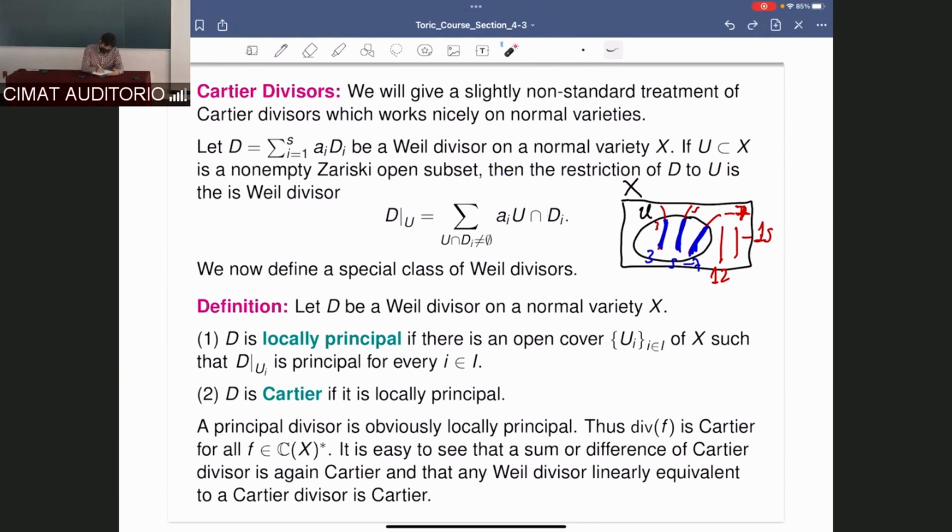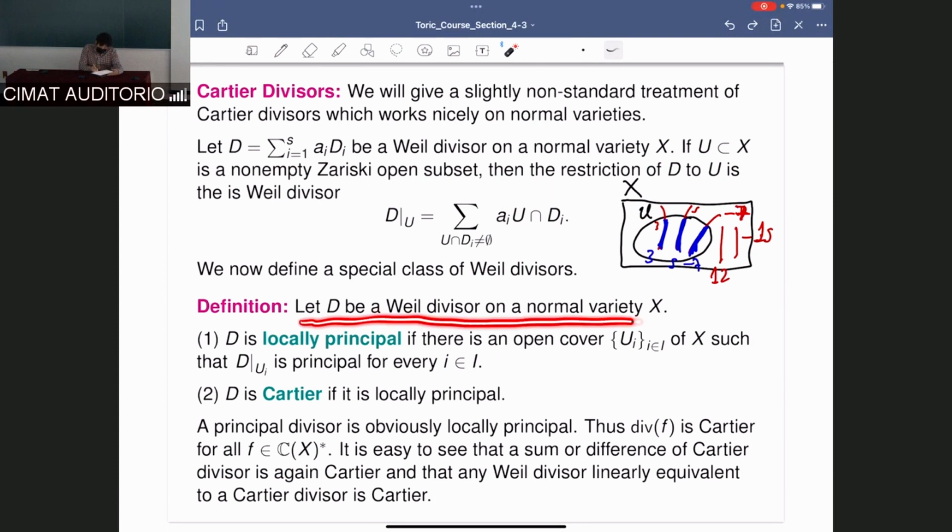Only take the components, the irreducible divisors in your formal sum that intersect U, and use the exact same coefficient. And to get irreducible divisors on U, just intersect with U. This gives you open subsets of an irreducible, and one can easily see that that's irreducible as well. Now the definition.